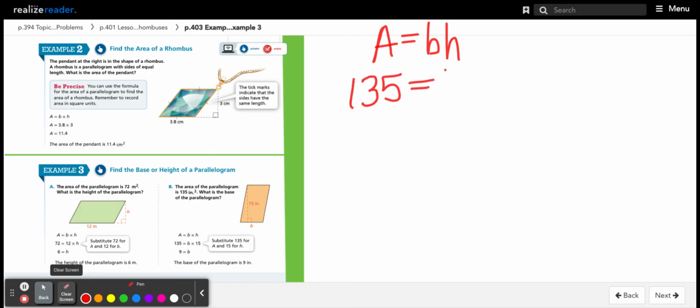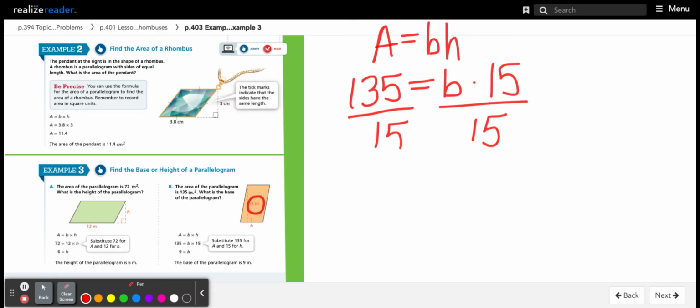The base, we don't know, times the height, look in the picture, is 15. So we want to solve for B. How do we get B alone? What should we do to both sides? We have to divide both sides by 15, because 15 divided by 15 will cancel out. That leaves us with B. B is equal to, put it into your calculator, you should get 9.